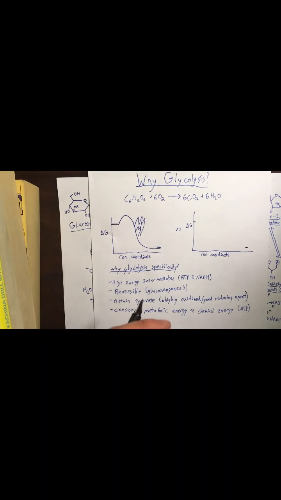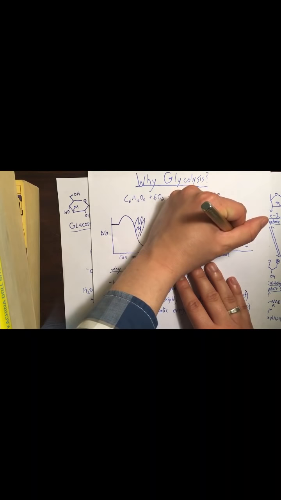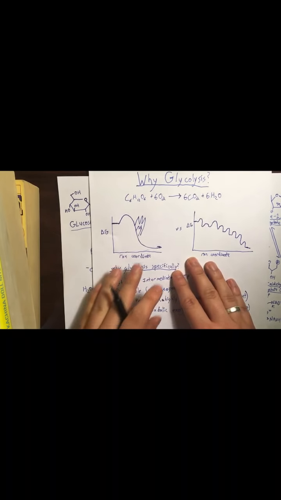So our body, instead, has developed a series of enzymatic reactions that looks something a little more like this. And I apologize for my left-handedness. I tried to write everything out a little bit beforehand.